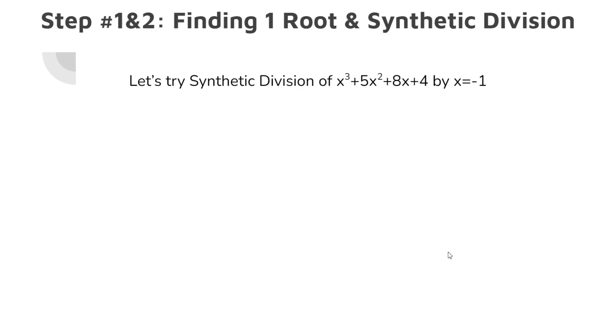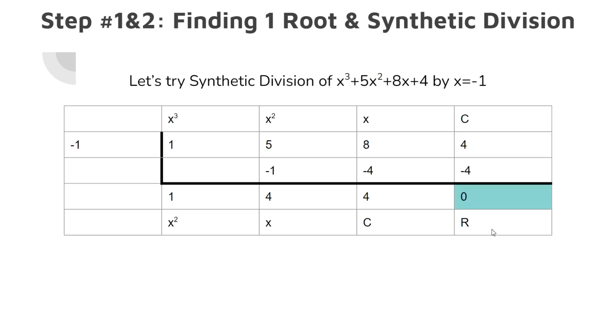That's how you know. If we were to do it by negative 1, though, you'll see by doing the synthetic division, which I'll go over one more time, x cubed has the 1, so you drop it down. 1 plus, if you want to know why, you could put in a little 0 here if you wanted. 1 plus 0 is just 1. 1 times the negative 1, which is the root, is negative 1, so it comes here. 5 plus negative 1 is 4. 4 times negative 1 is negative 4.